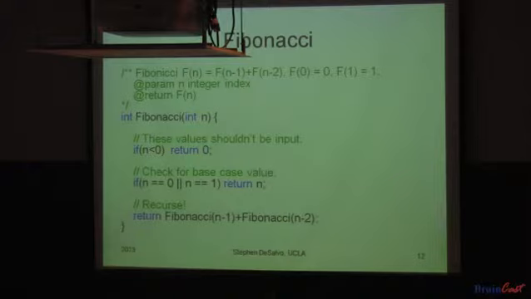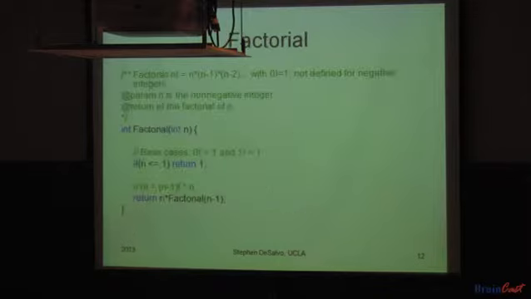But otherwise, you're just literally copying the formula, and instead of f, you're writing Fibonacci, and that's it. Okay? It's exactly as if you were just doing math, or just writing a mathematical formula. Factorial is the same. If n is less than or equal to 1, return 1. Here, I'm really not doing a good job, okay?